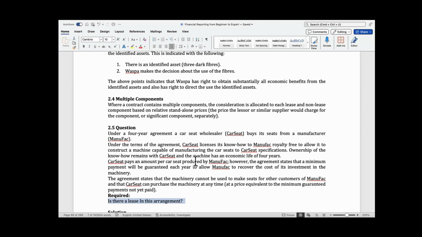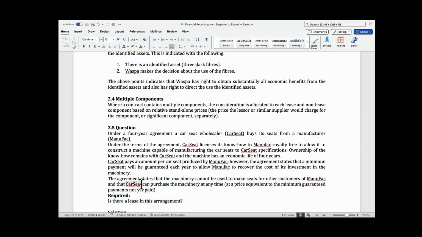And the reason why there is a lease in this arrangement, the underlying asset is the machinery. Manufac owns the machine, and car seat is like leasing it. And car seat has the right to control because he's the only one that is using it. I mean, this last sentence says that the machinery cannot be used to make seats for any other customers except for car seat.